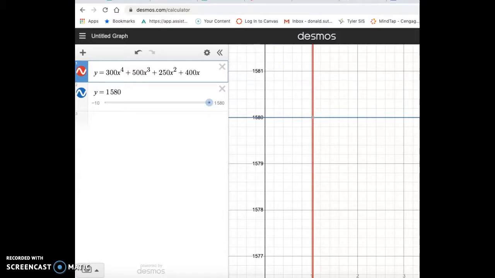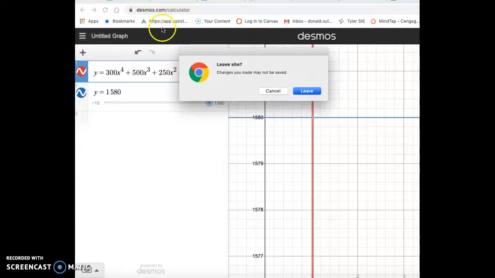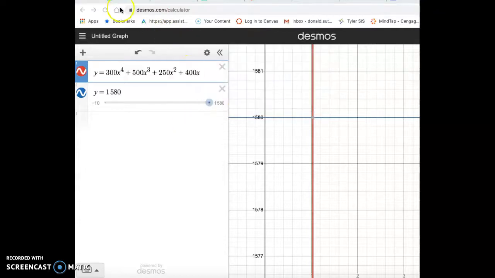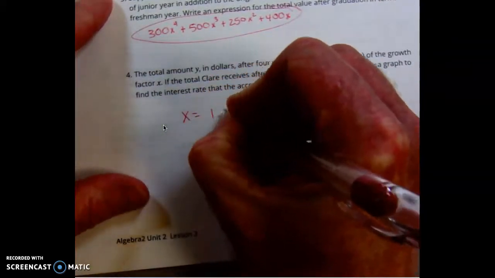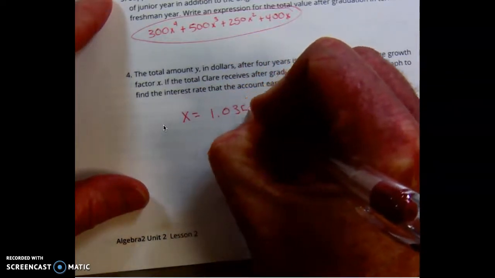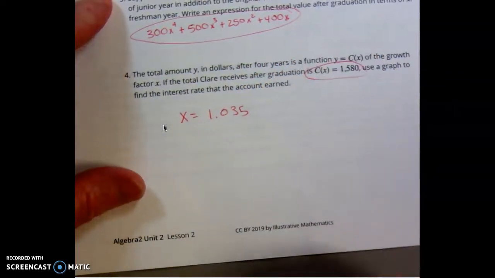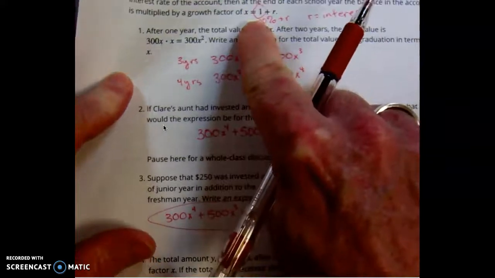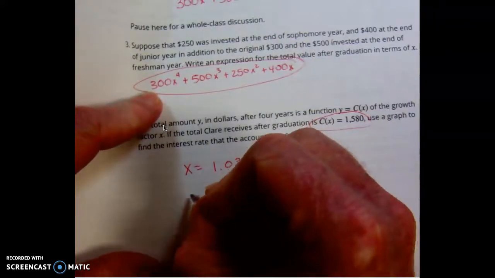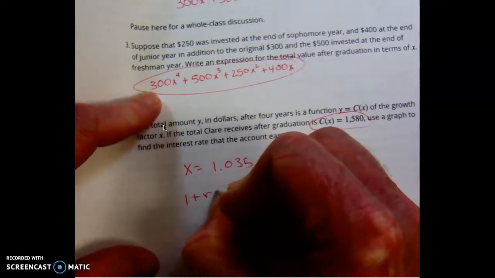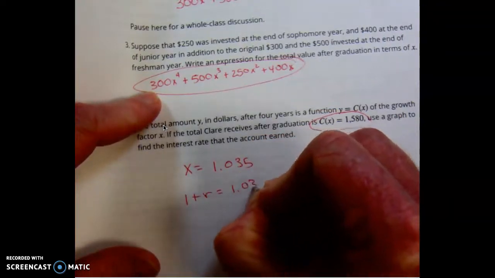All right, so I'm going to minimize that. So x equals 1.035. Well, up here at the top, we said that x equals 1 plus r. So 1 plus r equals 1.035.